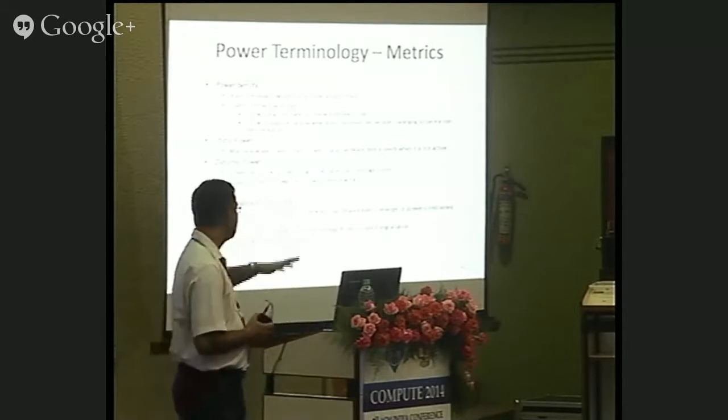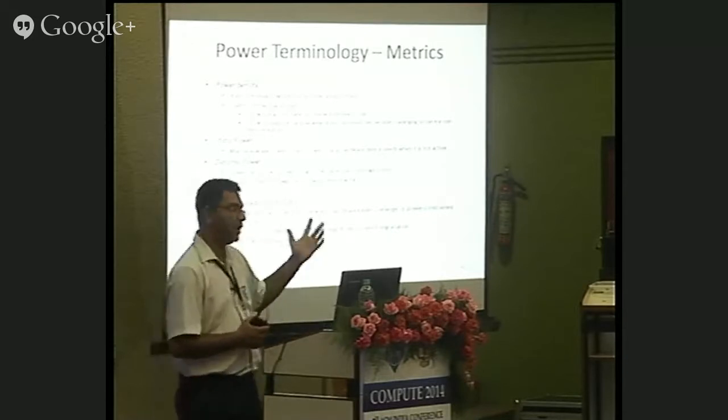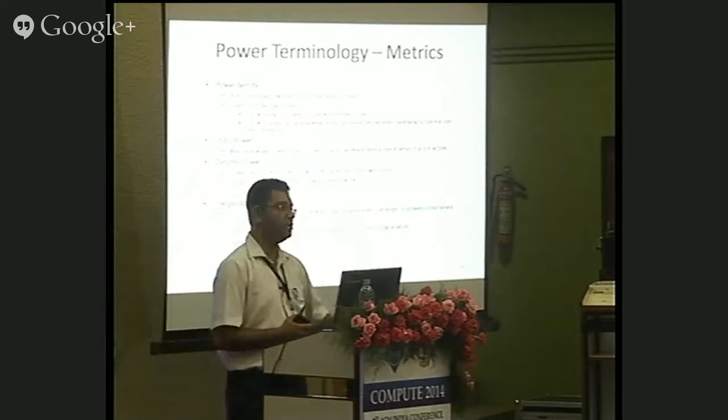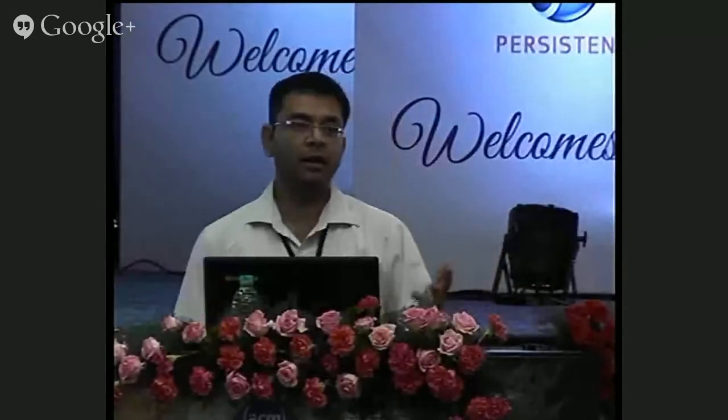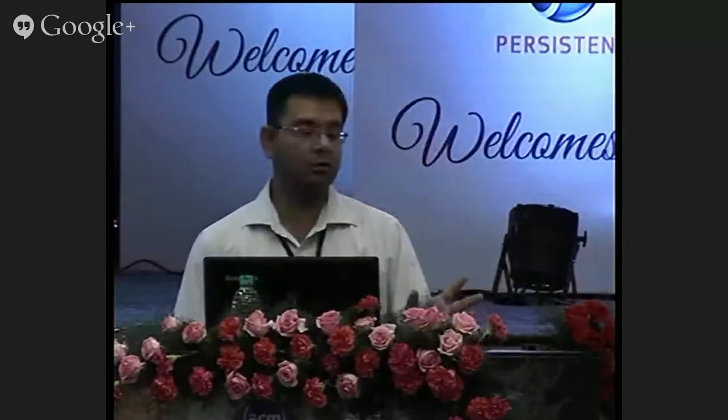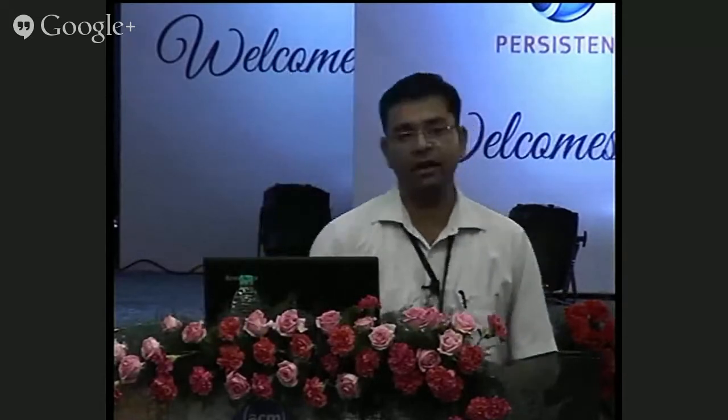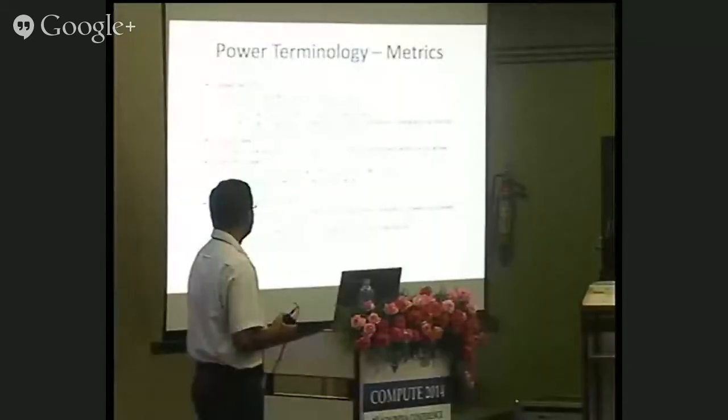But imagine this Kepler K50 that has about 225 watts of TDP and a really sophisticated cooling component inside, and that increases the price of this device to about $4,500 to $5,000.